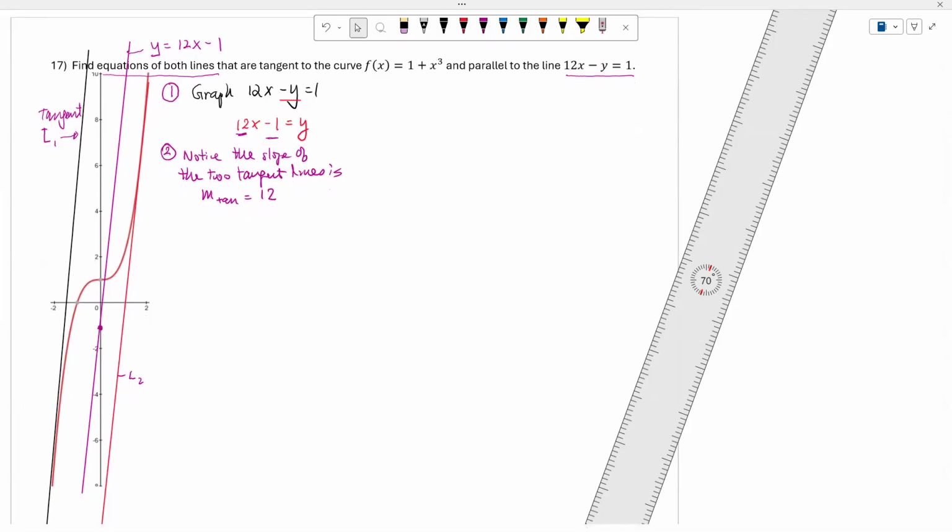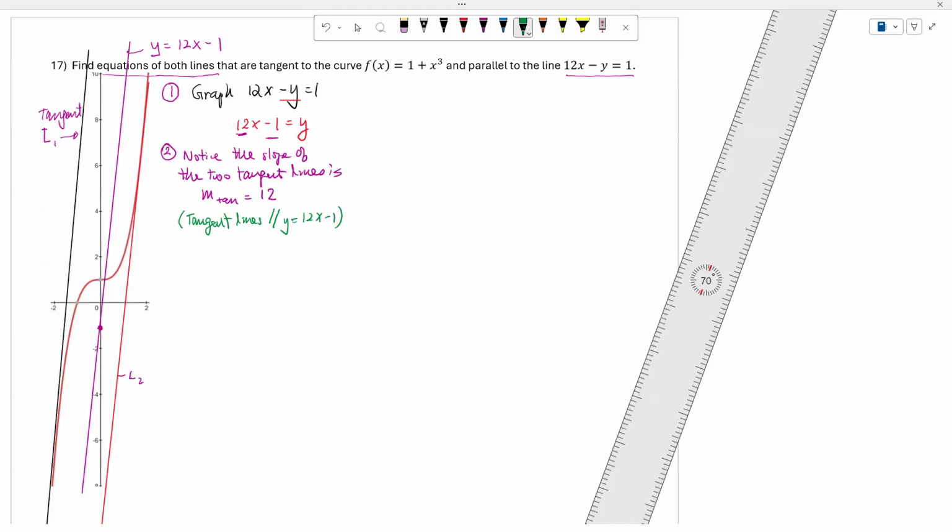In this case, again, why is this equal to 12? The reason is the tangent line is parallel to y equal to 12x minus 1, parallel to this line right here. So that's why the slope of the tangent line must be 12.